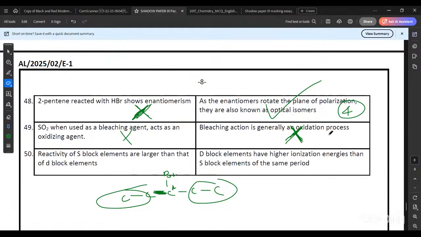Reactivity of S block elements is larger than the D block elements. D block elements have higher ionization energy than S block elements of the same period. Let me show you why. If you are really wondering why, I can show that to you.